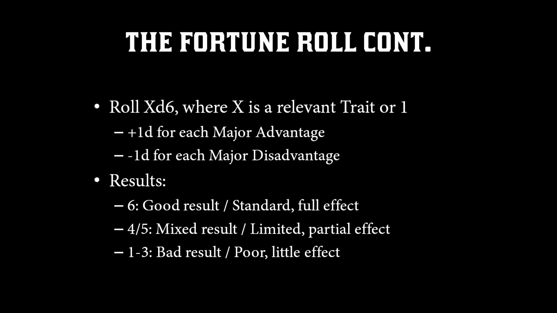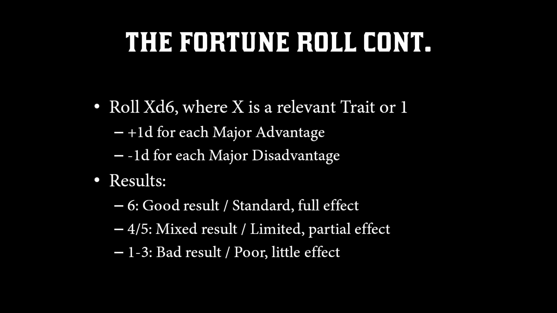It's pretty straightforward. And one thing you might notice looking at this roll structure, where it can take trait ratings as an input to the roll, XD6, where X is some trait, is that it's kind of similar to the basic do something risky move in World of Dungeons, right?